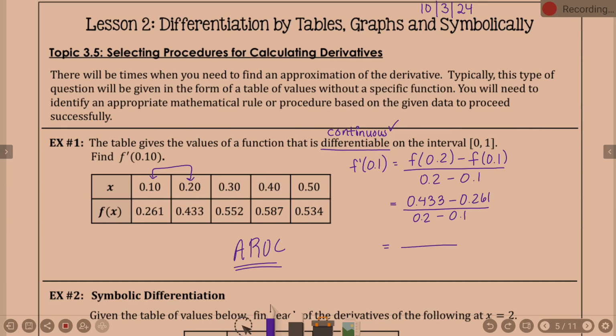Well, I know the bottom. 0.2 minus 0.1 is 0.1. The top is 0.172.